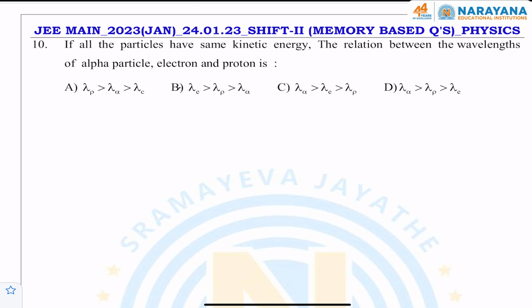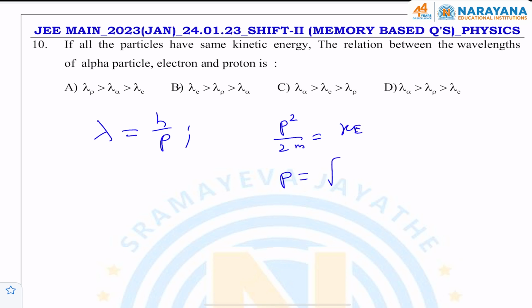10th question. If all the particles have same kinetic energy, the relation between wavelength of alpha particle, electron and proton. Here it is asking about de Broglie wavelength. De Broglie wavelength can be written as h by p, where p is momentum associated with the particle. We know that p square by 2m equal to kinetic energy. According to this, p equal to square root of 2 times of m into KE.